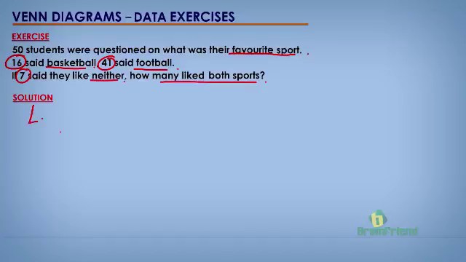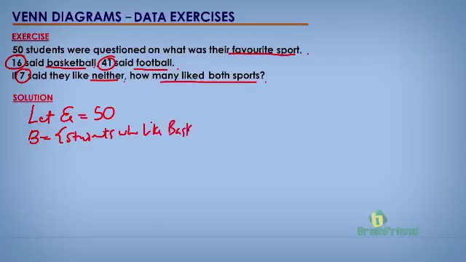First, we say let our universal set, which is the total number of students under consideration here, be 50. Let B represent the set of students who like basketball, and let F be the set of students who like football.